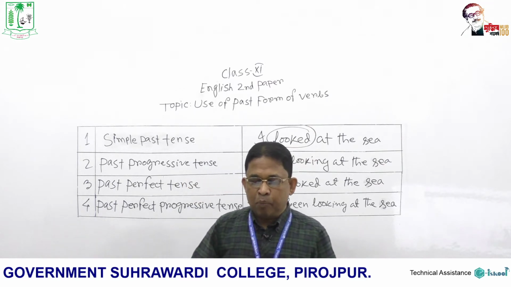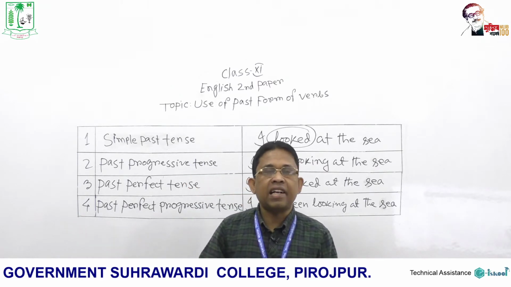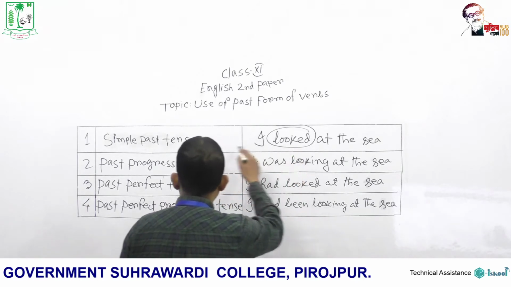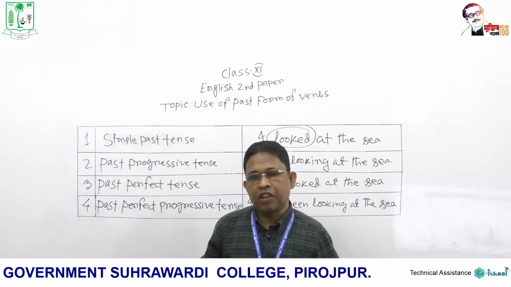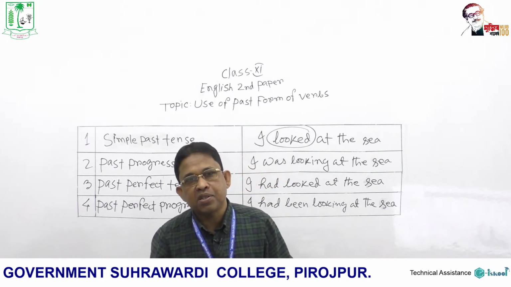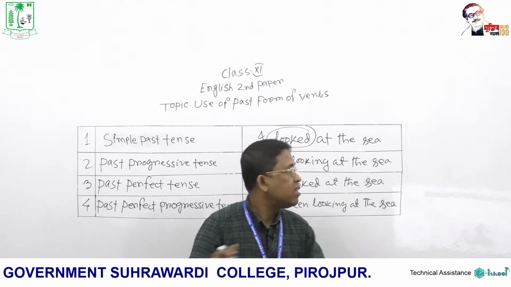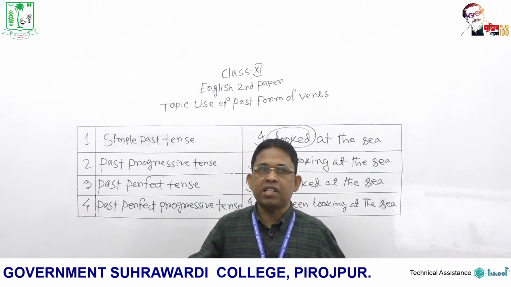So, simple past tense just describes an action that has already happened. Simple past tense describes an action or an event or some activities or states or beings that have already happened. I looked at the sea, that is, the action is already completed.